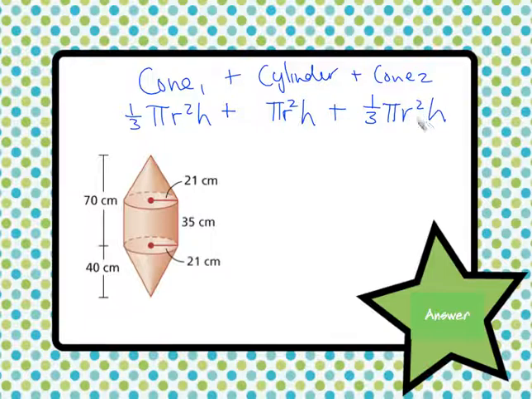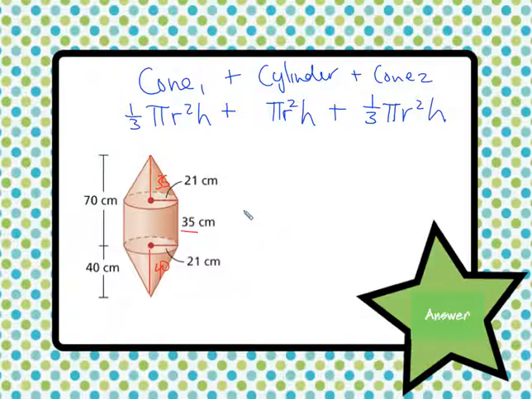But the r's are all the same. The radius is all 21. The height will change. So for this top cone, if this part's 35, we would do 70 minus 35 to get just this height, because the whole thing here is 70. So this height right here is also going to be 35. But this one's 40.